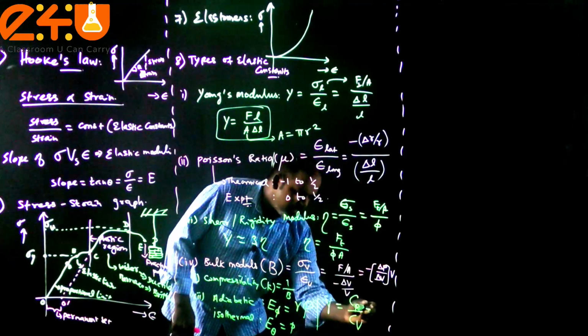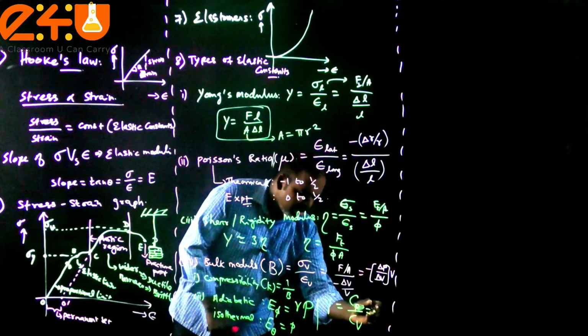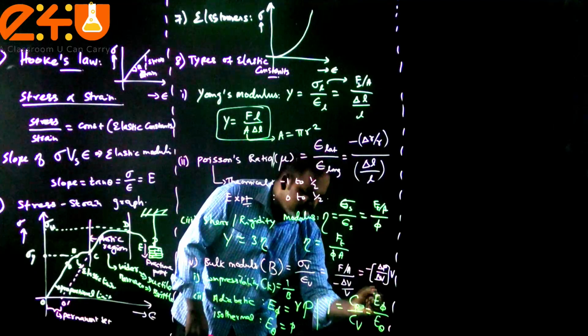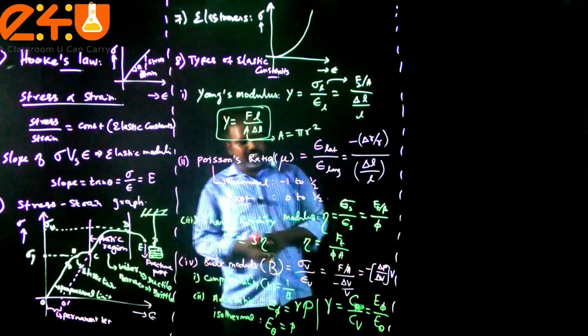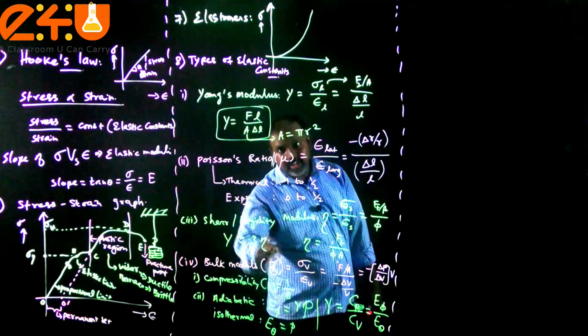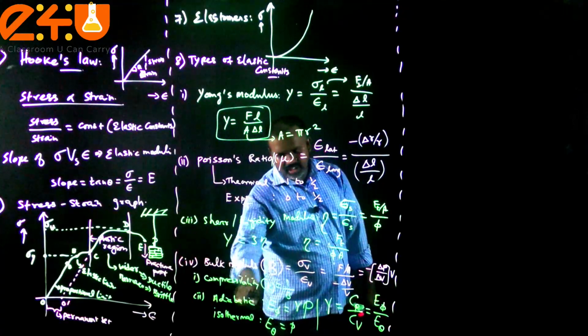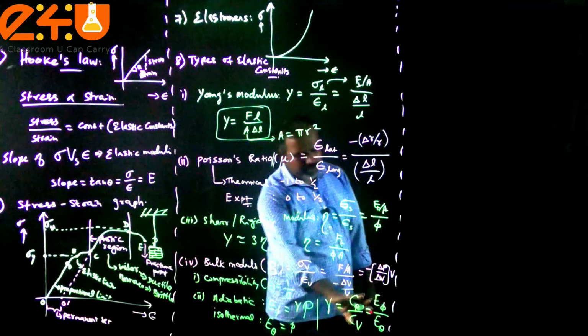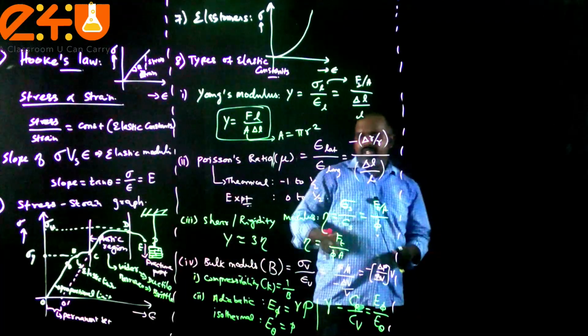So Cp by Cv is E phi by E theta. Therefore the specific heat ratio can also be written in terms of elastic moduli. This is corresponding to the adiabatic process, and this is corresponding to the isothermal process, just to keep in mind.